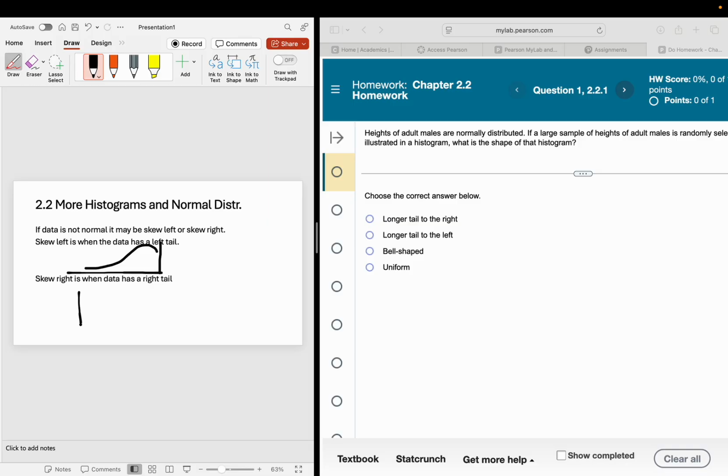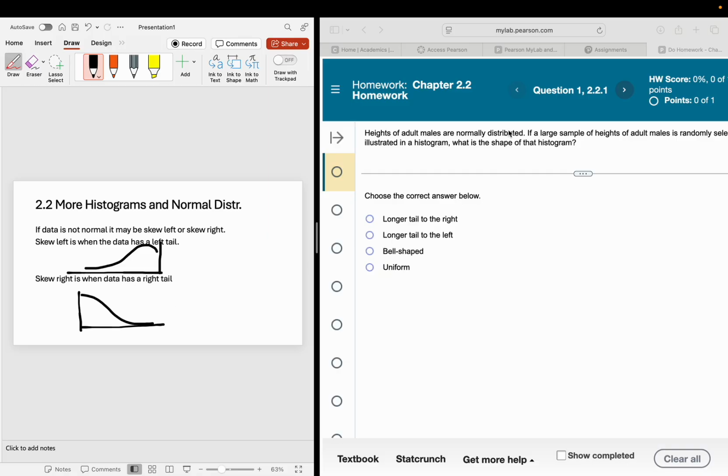Now skew right, and again, just to show you this, there doesn't always have to be a peak, so to speak. Maybe it would look like this. That would be skew right. So where the tail is, right, we said there's a peak and then some tails. So if you have one longer tail than the other side, if it's on the left side, left tail, or right side, right tail, that's how you call it skew left or skew right.